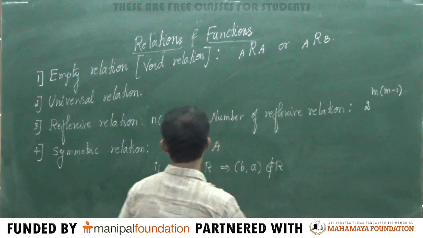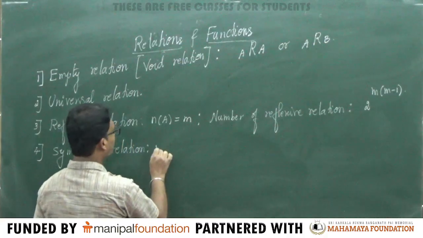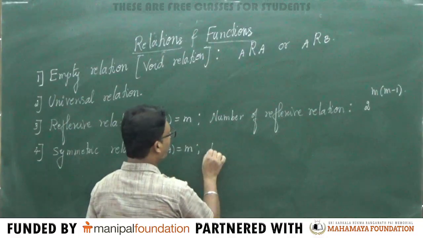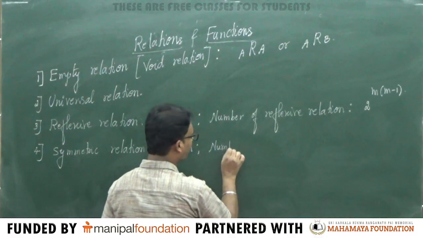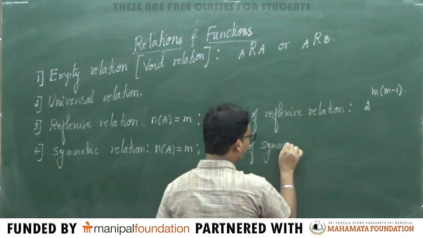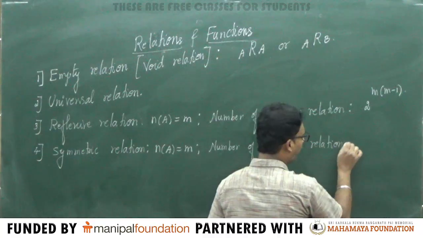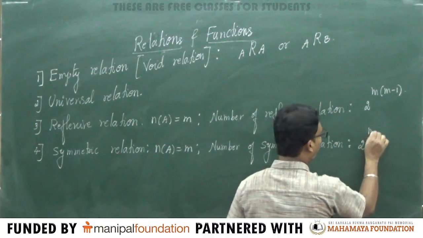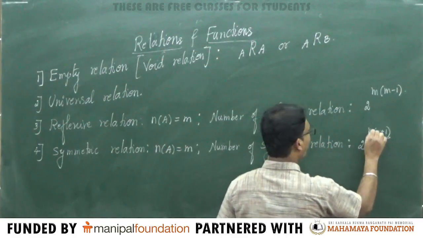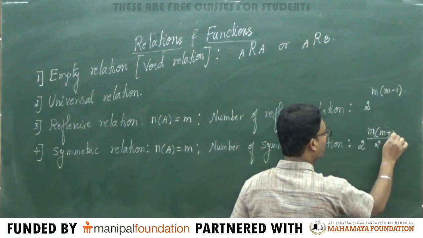Then the formula to find the number of symmetric relations: if the set A contains some m number of elements, then the number of symmetric relations is 2 to the power of m into (m plus 1) by 2, that is, 2^(m(m+1)/2).